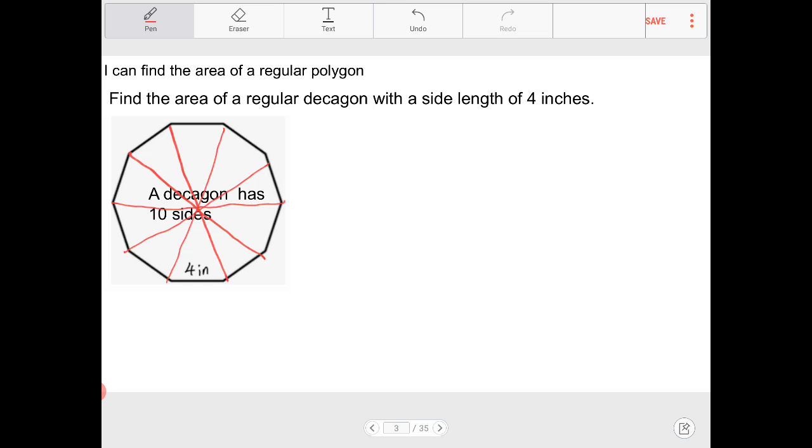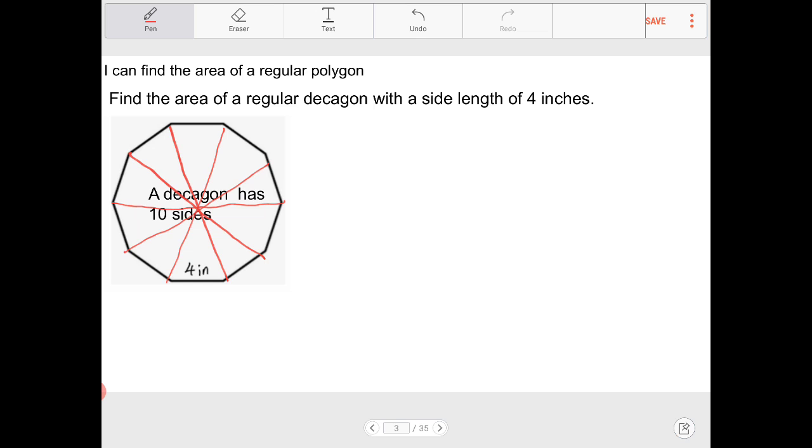The angle on the inside there is the magnitude of rotational symmetry. Remember that from going back in, I think, unit 2, where we talked about reflections and rotations, or rotational symmetry.